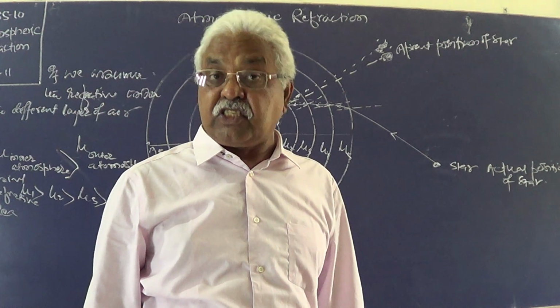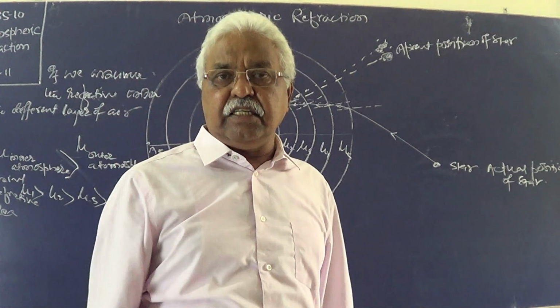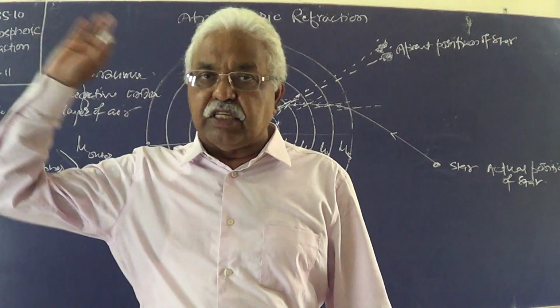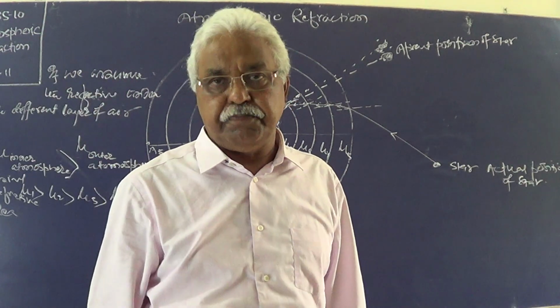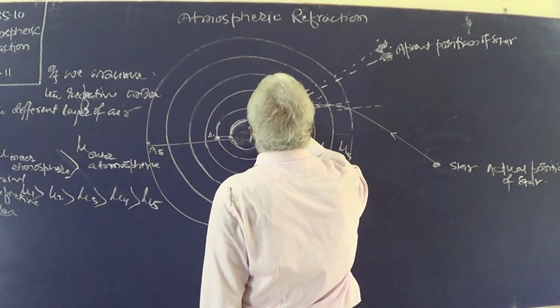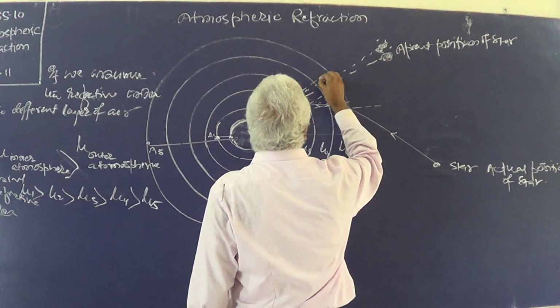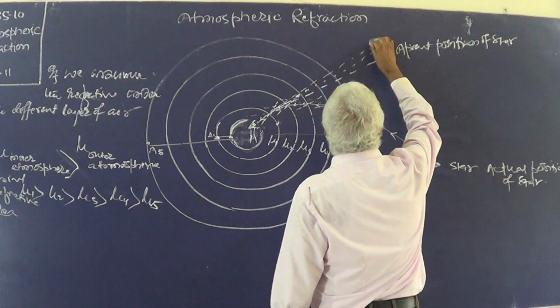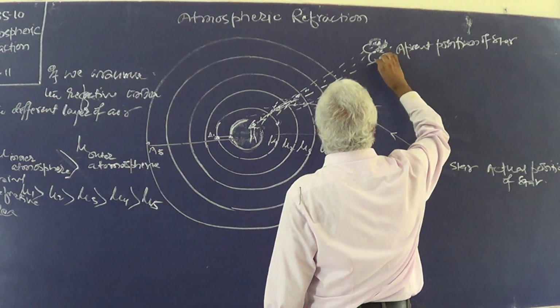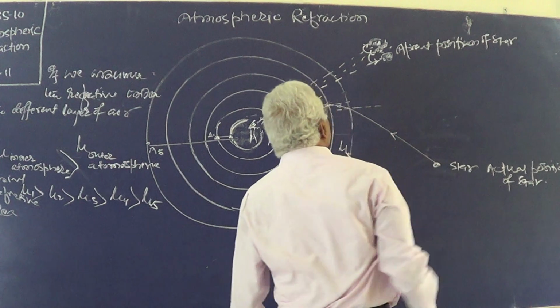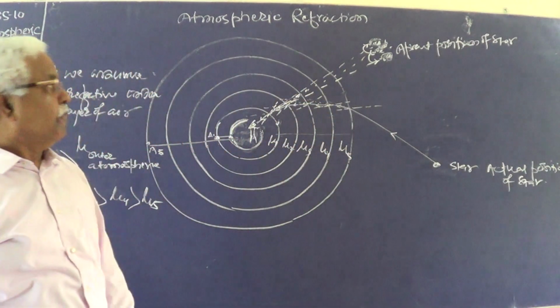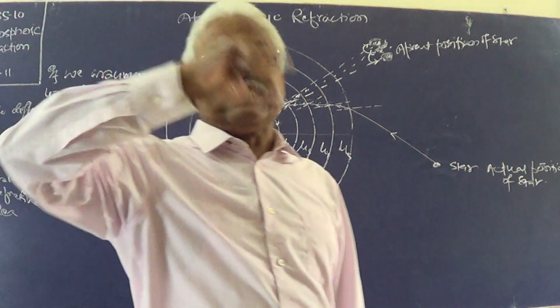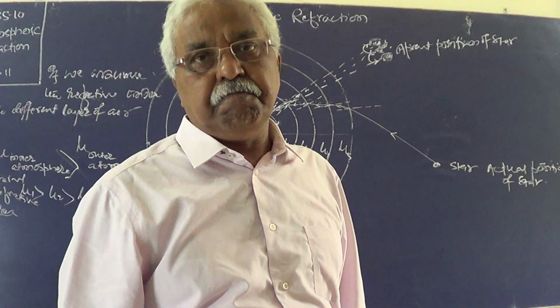Atmospheric refractive index changes due to atmospheric changes, due to blowing of wind, due to change in temperature. So what happens? The movement is like this. We are feeling that a star is shifting their position.